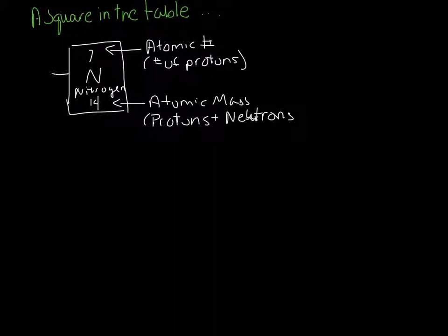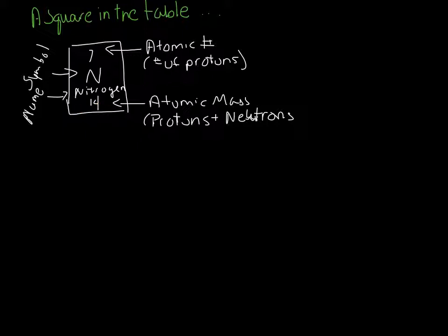This is the symbol. And this is the name. Now, not always are you going to see that the periodic table has the atomic number at the top and the atomic mass underneath. It all depends on what publisher, how they want to arrange the periodic table.